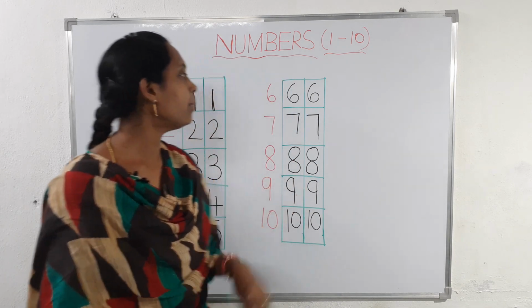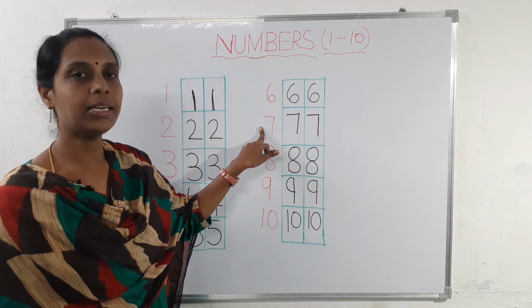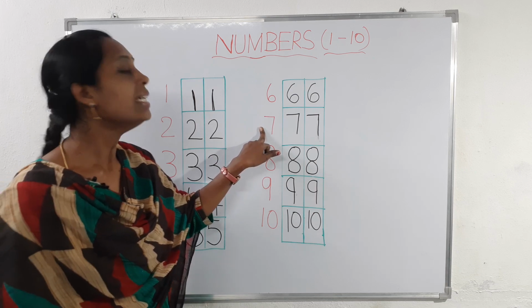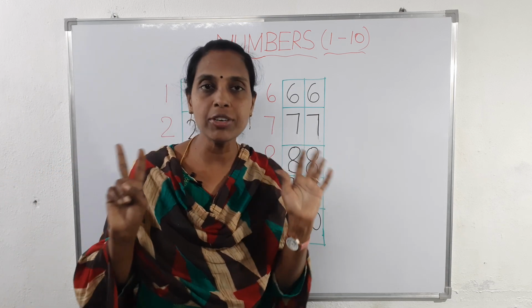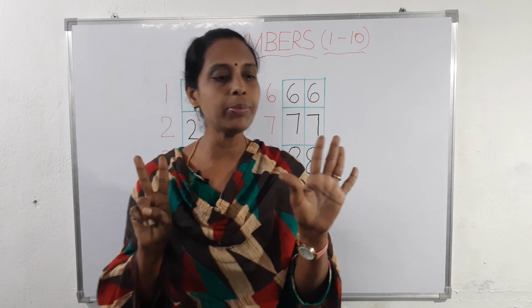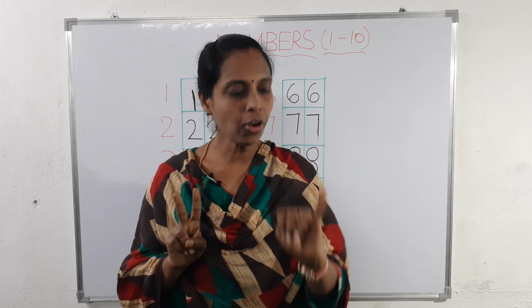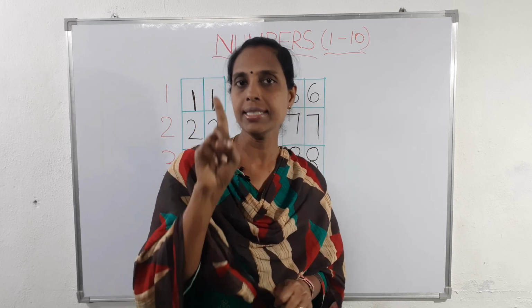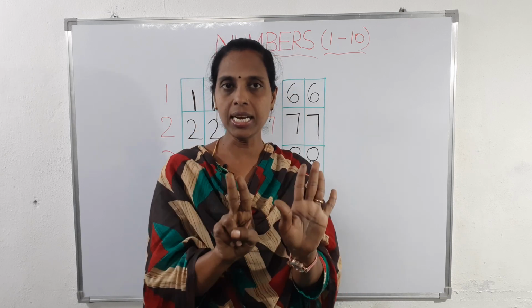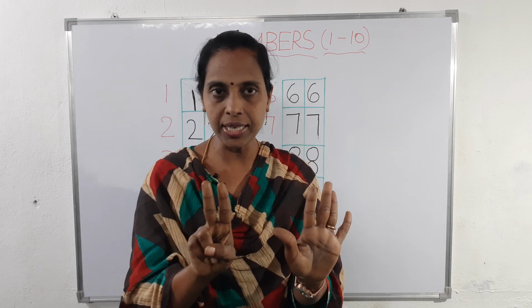What is the next number? 7. All of you open your 7 fingers and count along with me. 1, 2, 3, 4, 5, 6, 7. Total, I open 7 fingers.